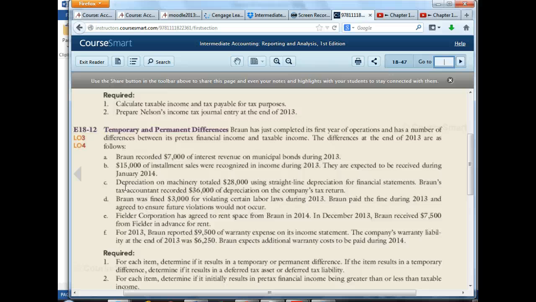So for tax purposes, it's greater. And as a result of it being greater for tax purposes, what's going to happen down the road? Are we going to have more or less taxes in the future? We're going to have more taxes. You're exactly right. In the future, we're going to have more taxes.